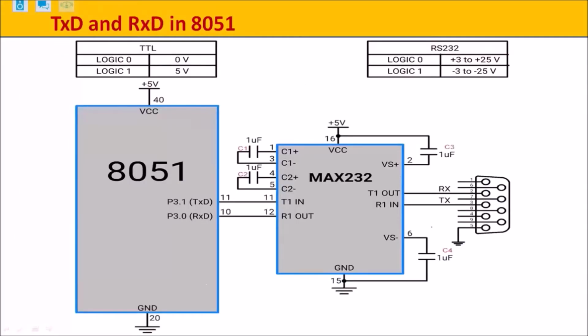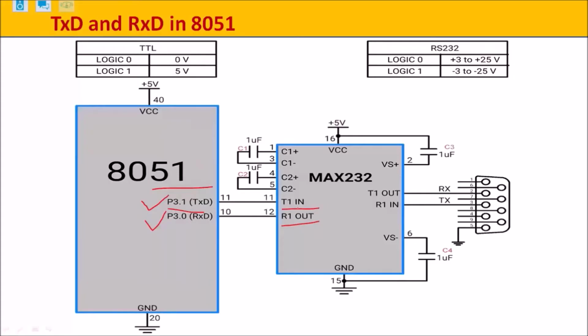So this is the MAX232, and how it is used. This is the 8051, and as you know, TXD is P3.1, that is port 3, pin number 2, and P3.0, port 3, pin number 1, is RxD. These are connected to the T1 in and R1 out terminals of the MAX232.